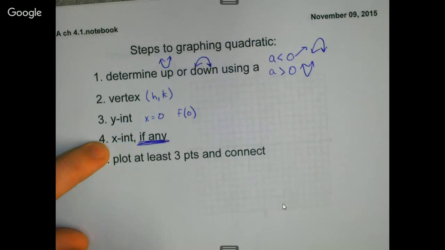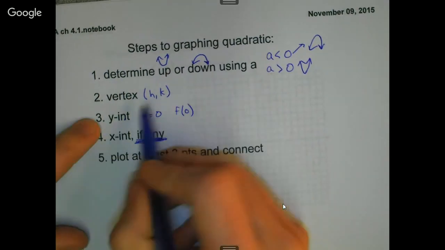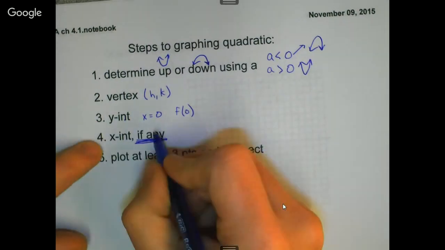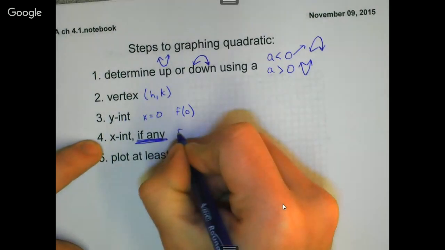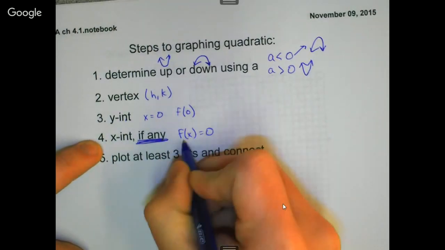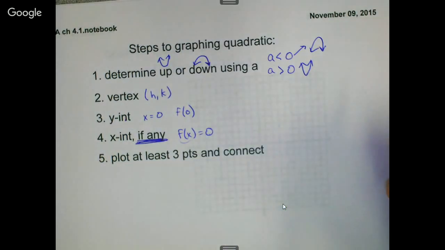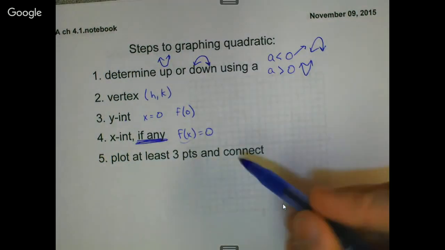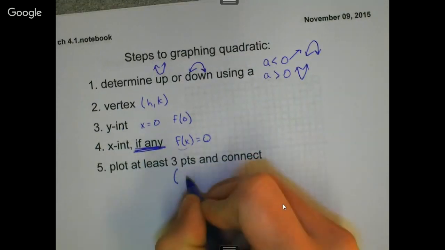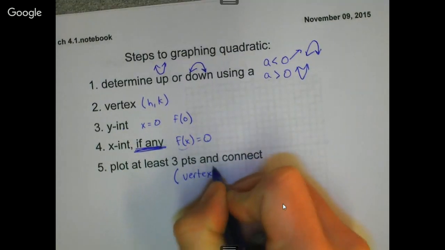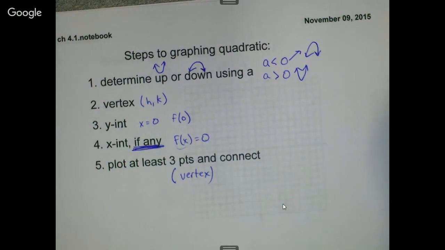It does not have to cross the x-axis, but it does have to cross the y-axis. If there are any, that's when f of x equals 0, so you set your equation equal to 0 and solve for x. Then plot at least 3 points and connect them. One of those should be the vertex; if we can get that vertex, we need to be graphing it.